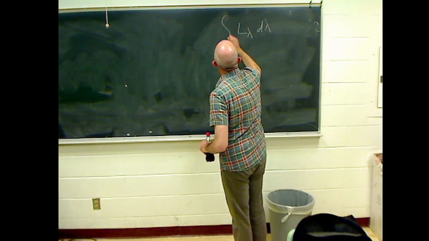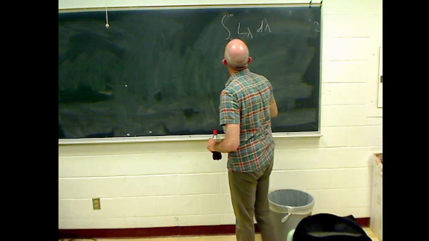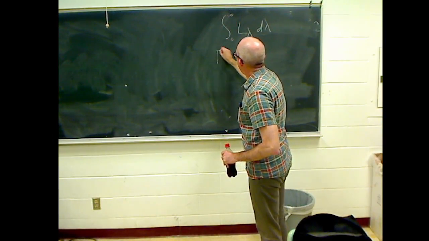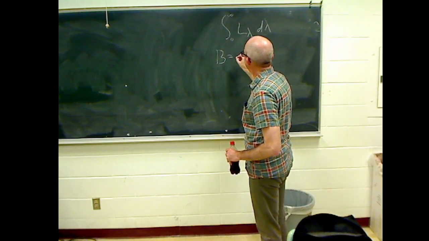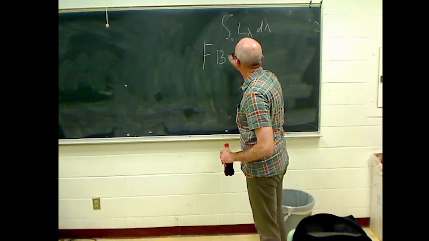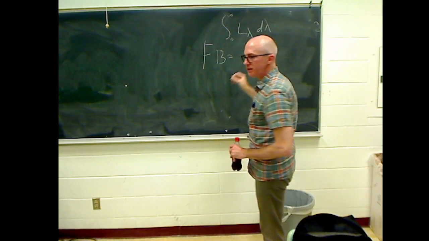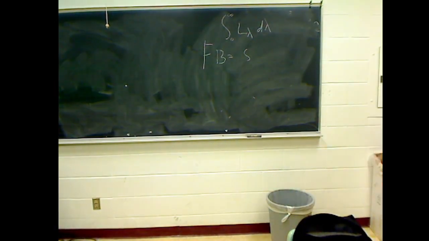I have my flux function here. To get the bolometric flux, I integrated the whole thing from 0 to infinity. To get the B magnitude, or to get the B flux, we'll call this F sub B, this is the integral from, let's see, what's the B filter? I have it on here.